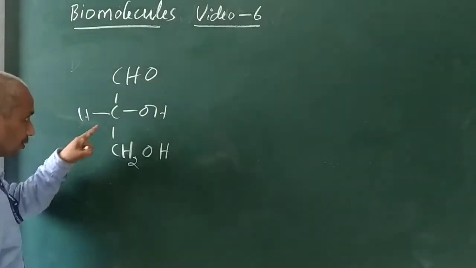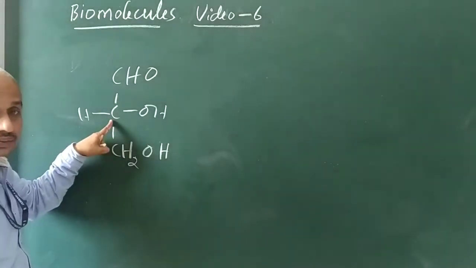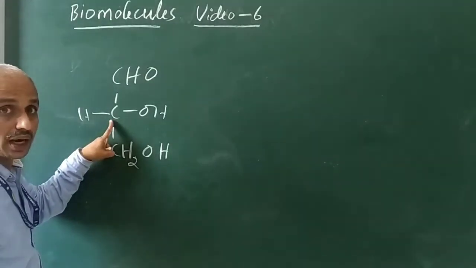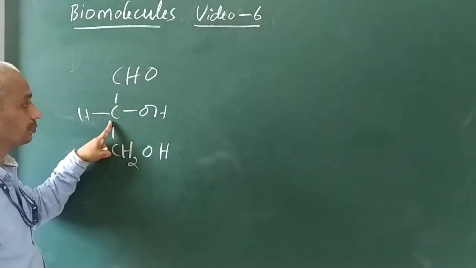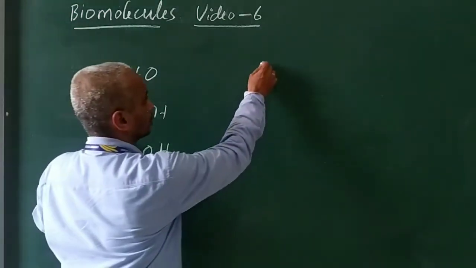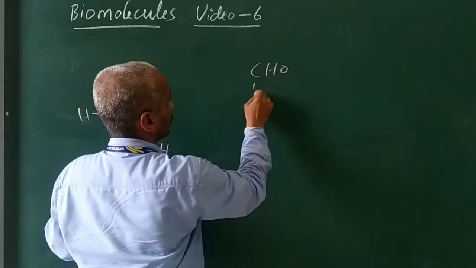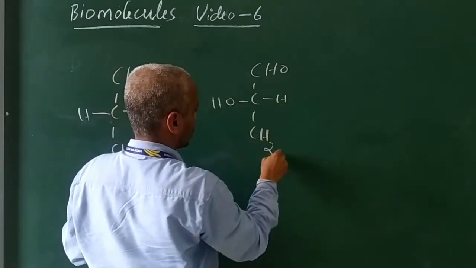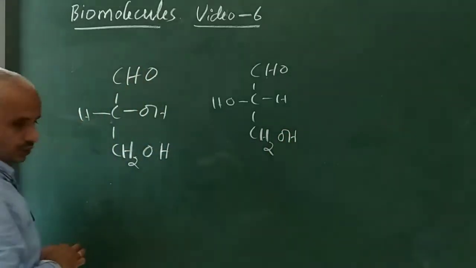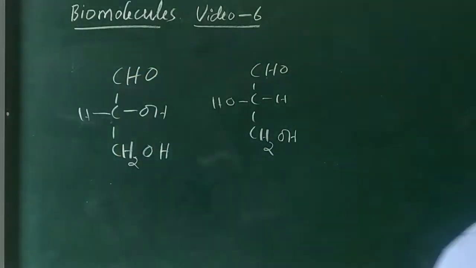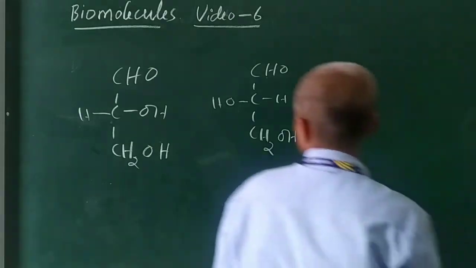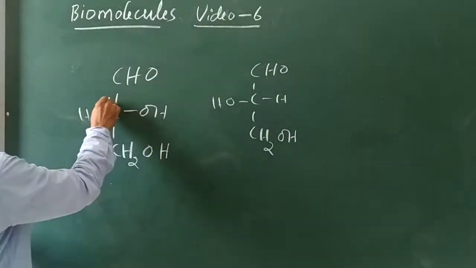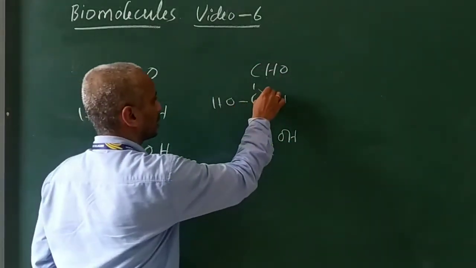See, this is the last chiral carbon in this. This can be written like this also: CHO, CHOH, CH2OH. So this is the final chiral carbon.